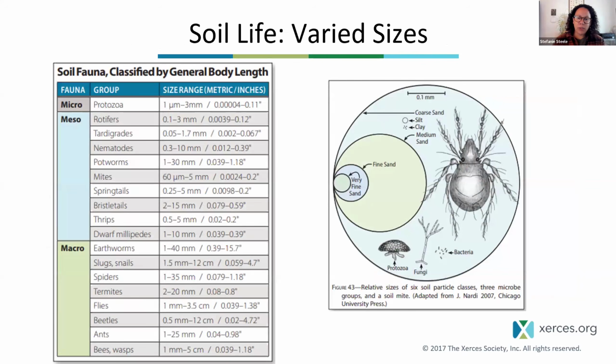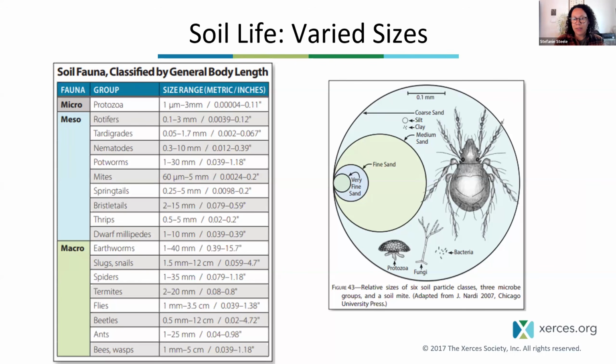But before we get into some of these invertebrate profiles, I do want to highlight some of the varied sizes of these soil invertebrates. The smallest animal today that we'll highlight are mites, shown in this diagram on the right.